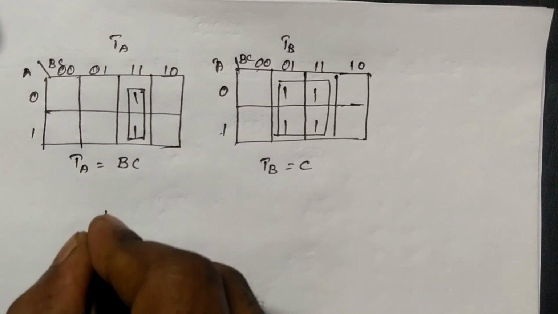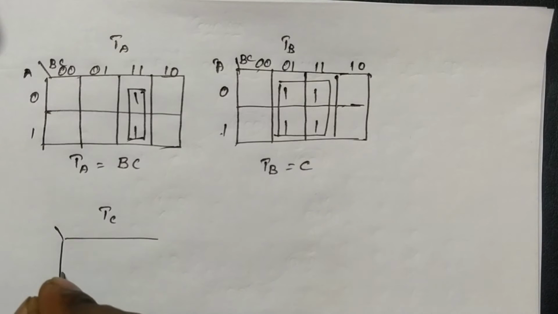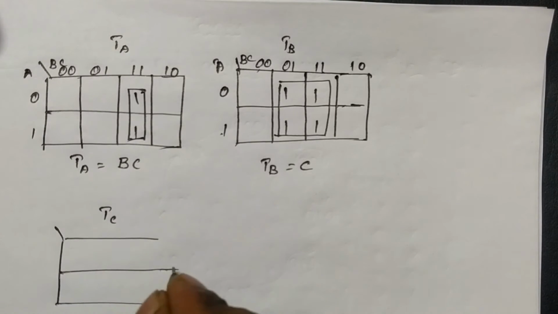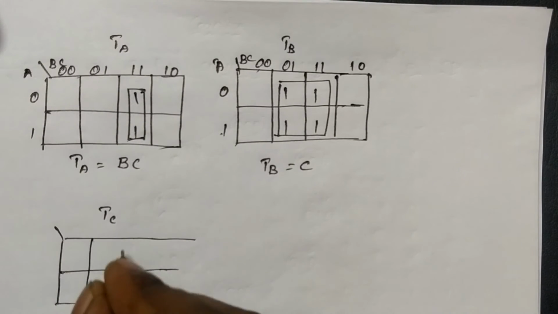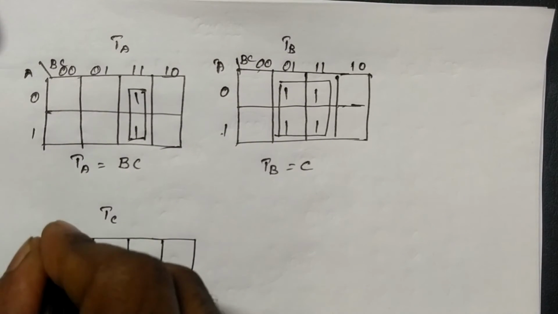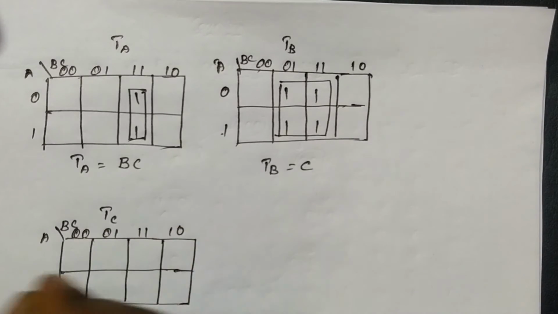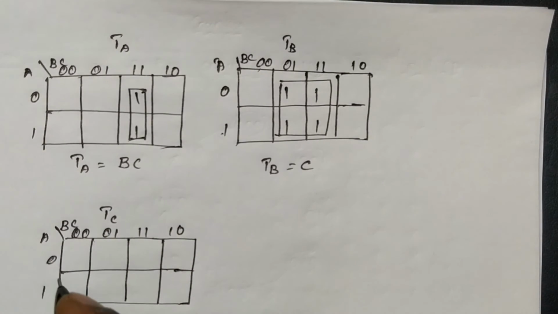Then we need to find for TC. Here also it's 3 variable K map. A, B, C, 0, 0, 0, 1, 1, 1, 1, 0, here 0, 1.